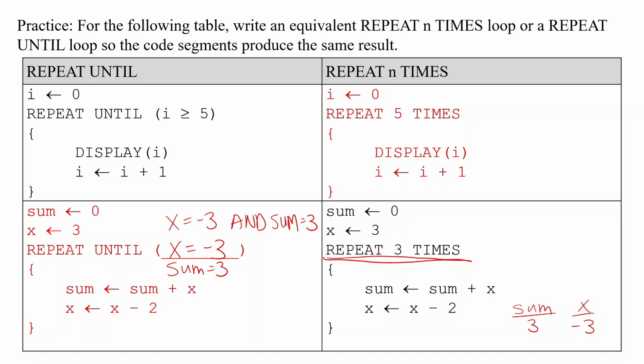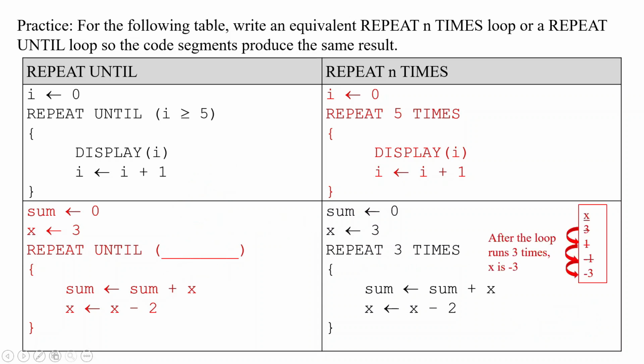You can even do something like repeat until x is less than or equal to -3. Right? Or repeat until x less than -2. Or do an interval with sum of some kind. There's many different options you can put down as your stopping point. I think I put down x equals -3 here. Yeah, because I just traced the value of x here. But you can definitely include sum as well.